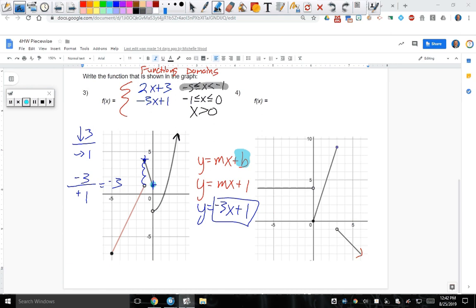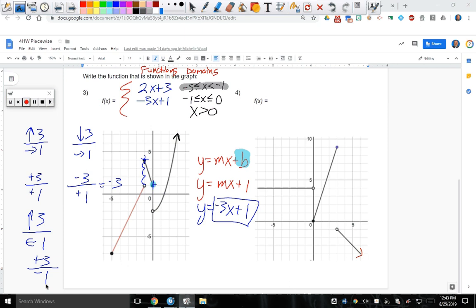Just real quick, the way I notated this, if it was up 3 to the right 1, it would have been +3. If it was up 3 to the left 1, it would have been a -3 on that.